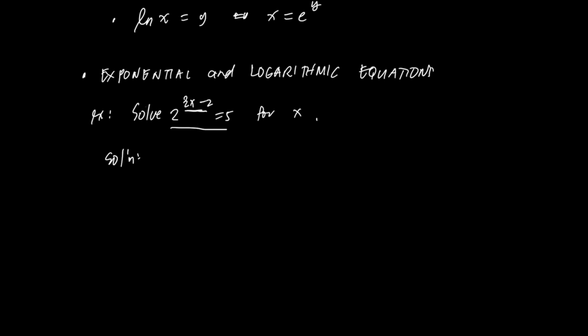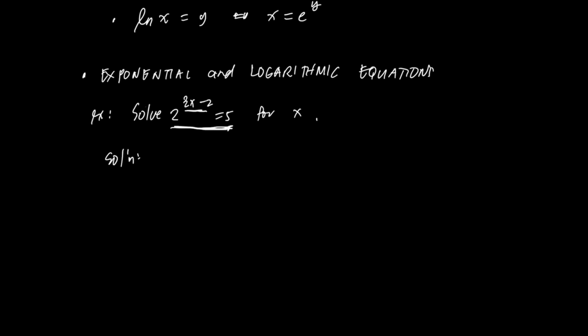Take note that we cannot apply the exponential method that we used a while ago, creating both sides of the equation with the same base, since 5 cannot be expressed as an expression with base 2 and some exponent.